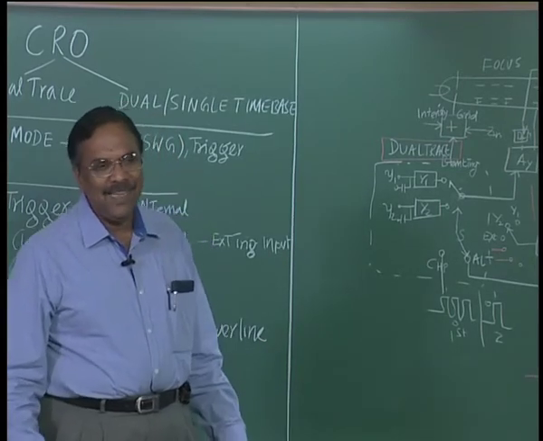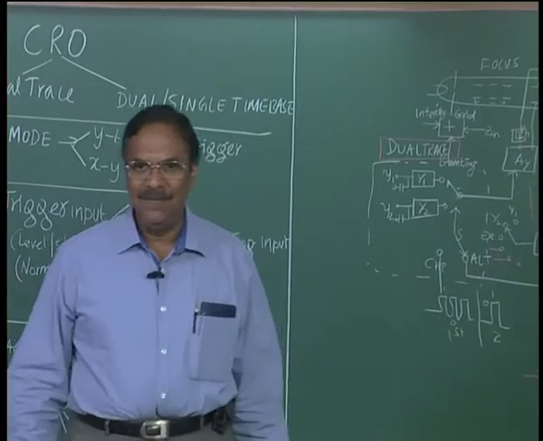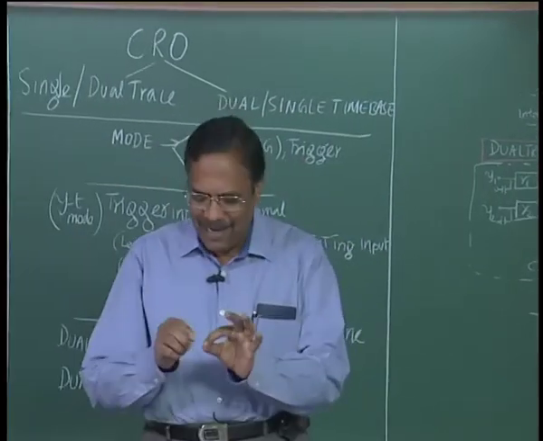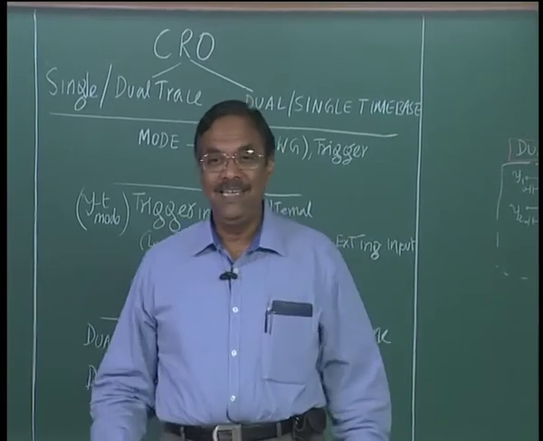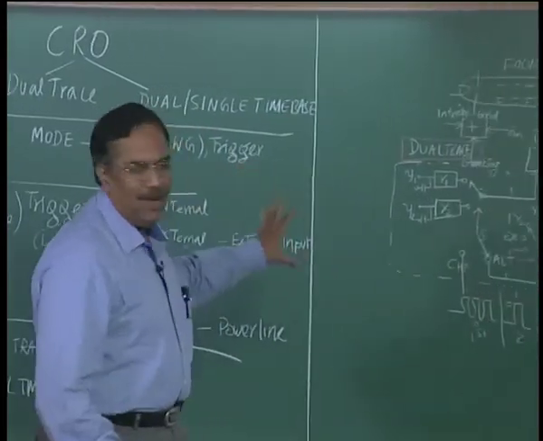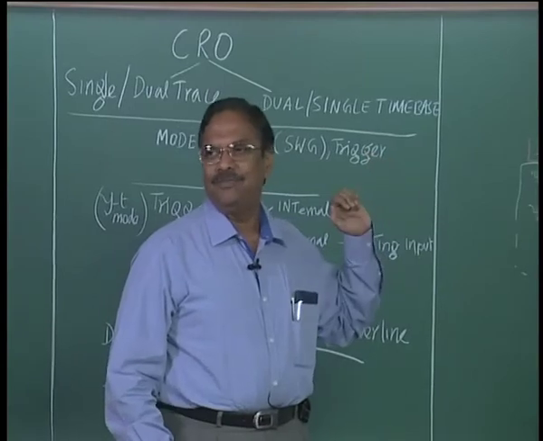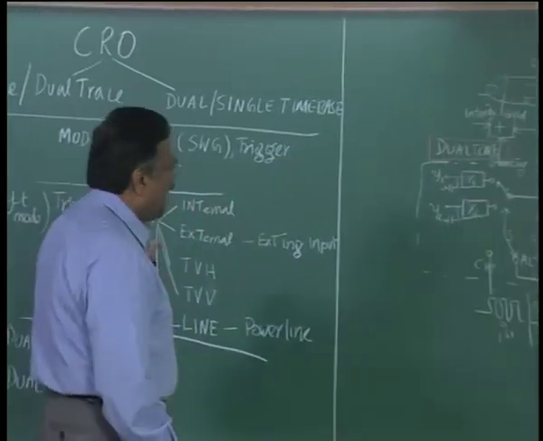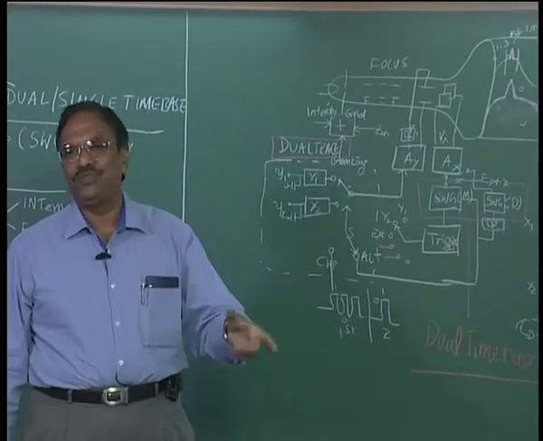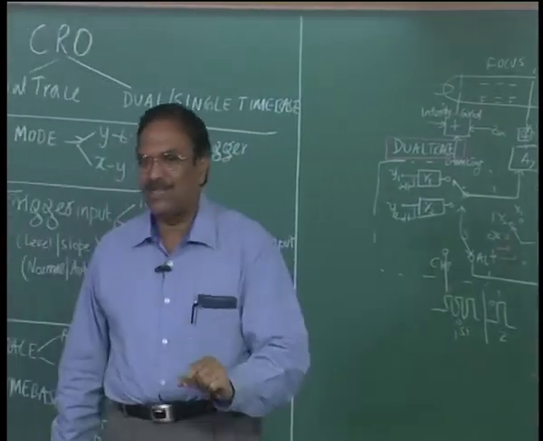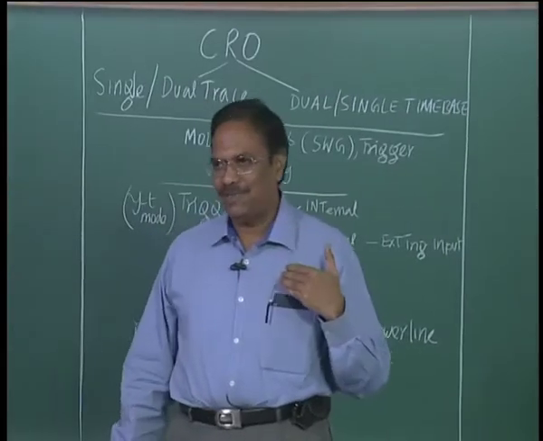If the signals are not repetitive, if I have a signal that occurs only once, it will not be possible for us to see it in a normal analog cathode ray oscilloscope. So, the signal has to be repetitive, so that I can repeatedly show the same portion of the signal again and again on the screen, and I can see the waveforms.